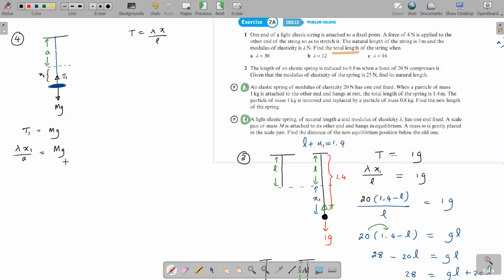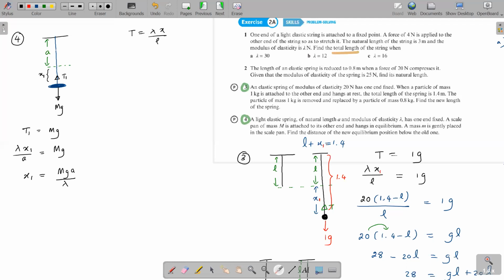Are you guys with me? Lambda is given as the modulus of elasticity, so we'll keep lambda as it is. Shall we find x1? So x1 is MgA over lambda. Do you agree? x1 is MgA over lambda. This distance is MgA over lambda.